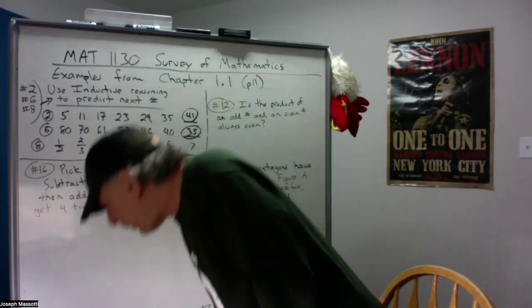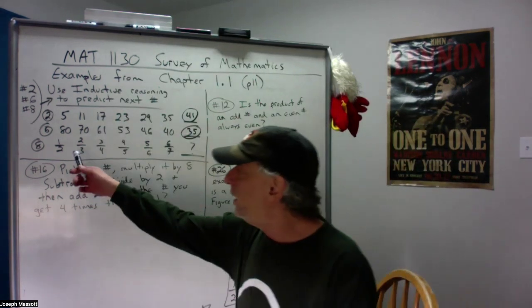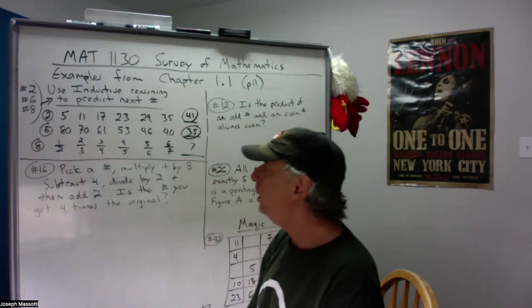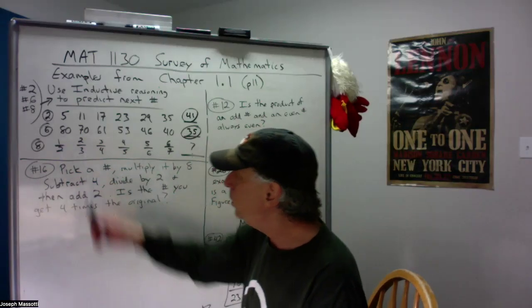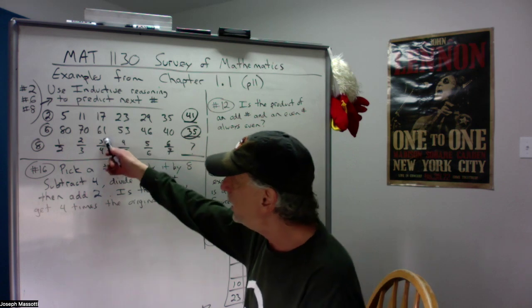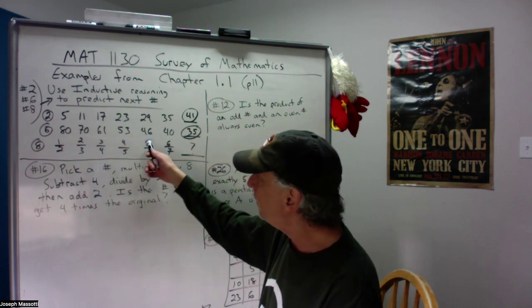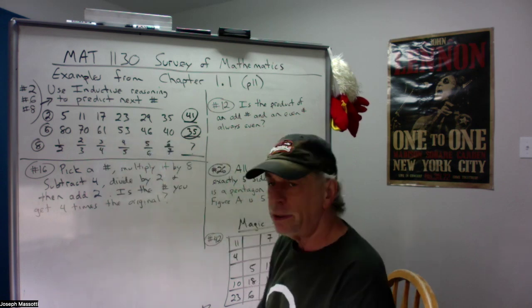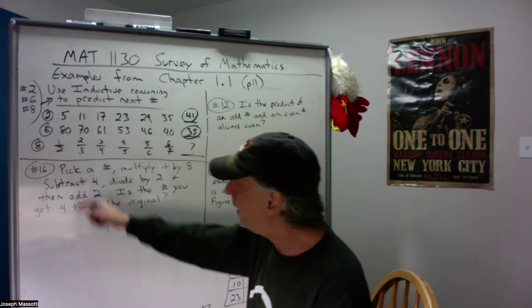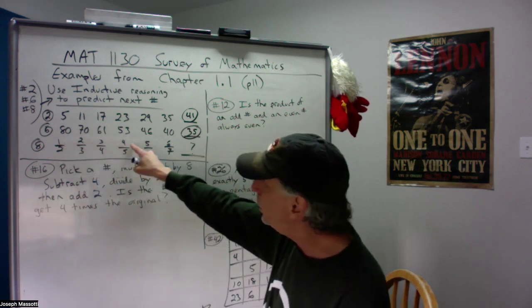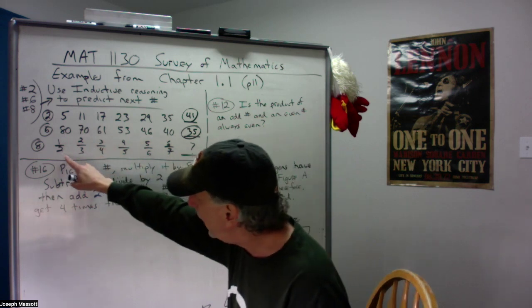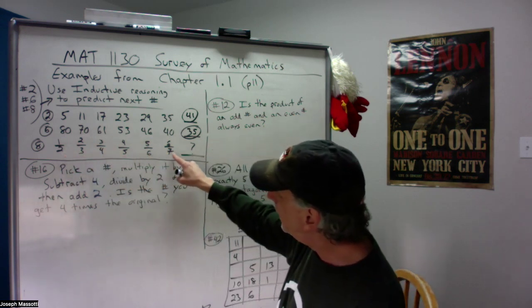So similarly here in number 8, we see the fraction 1 over 2, and then we see the fraction 2 over 3, and then 3 over 4, and 4 over 5, and 5 over 6, and 6 over 7. Hopefully you can see the pattern there. We're adding 1 to the numerators, and we're adding 1 to the denominators.